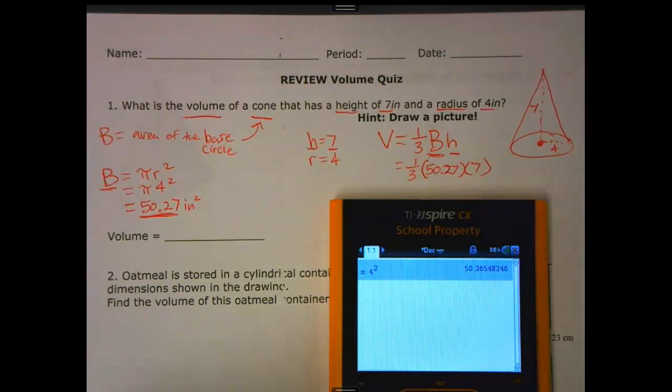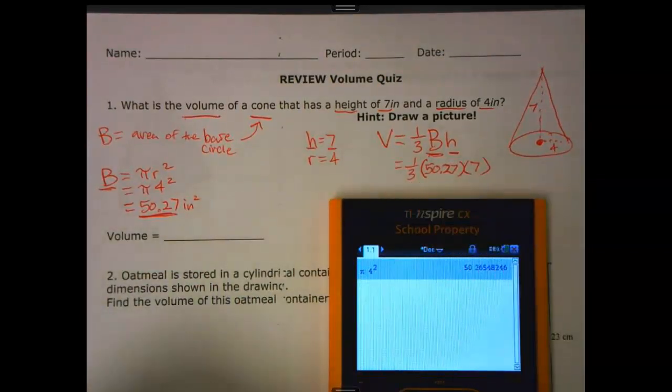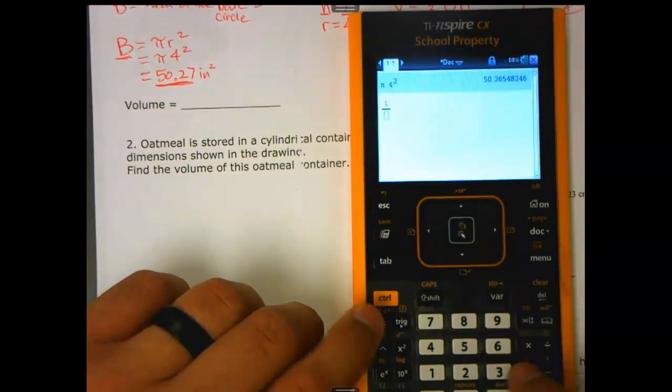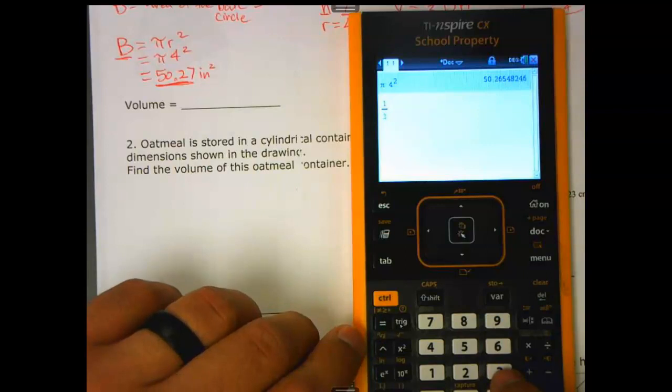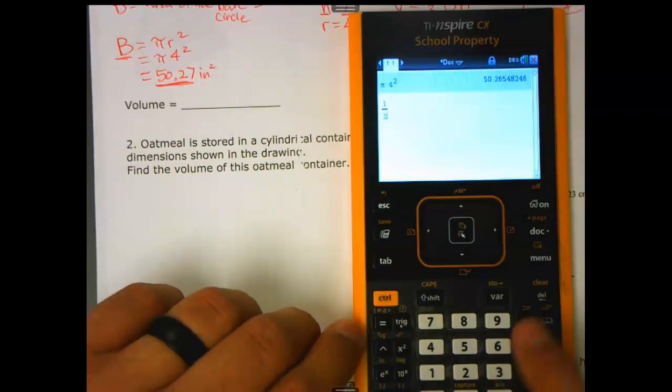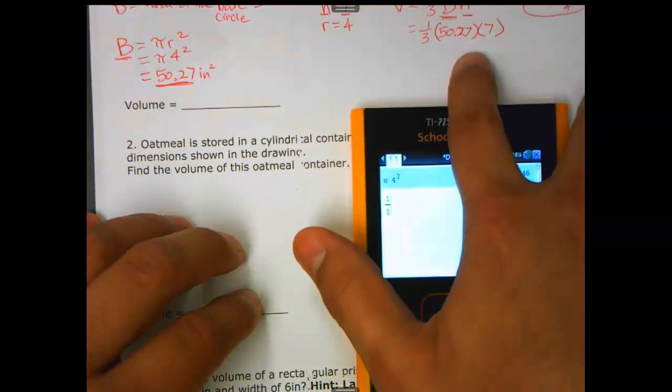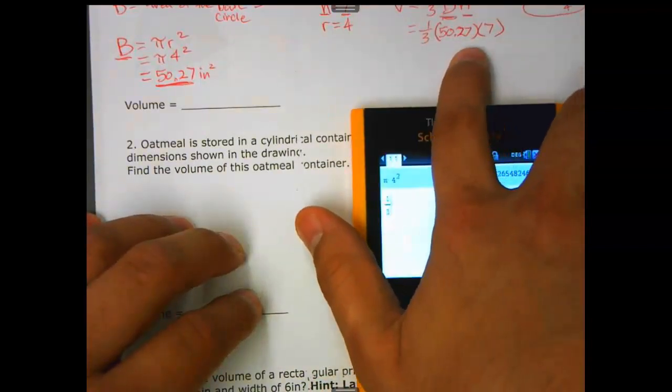Now, how do I get 1/3? I do 1, and then control divide 3. 1, control divide 3. Then you have to go to the right so you're next to the fraction. We're going to do 50.27 times 7.